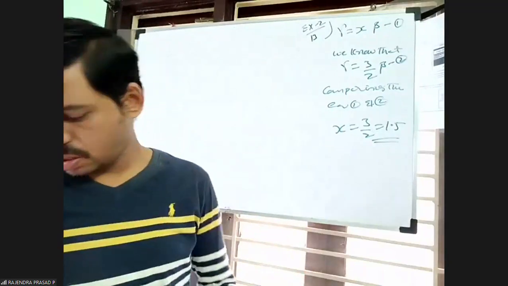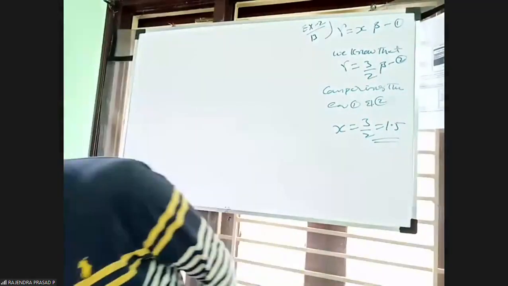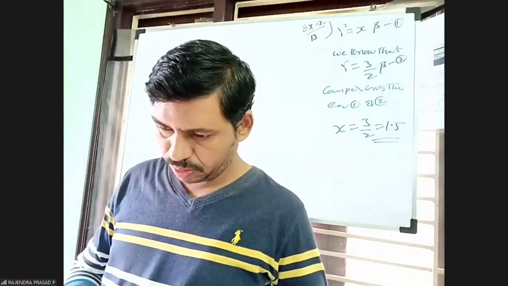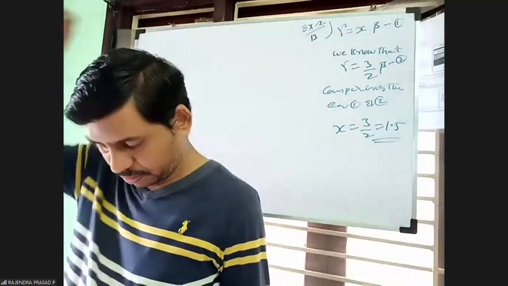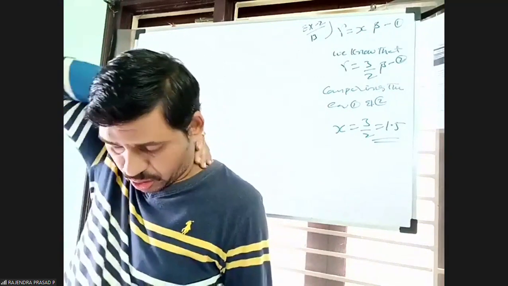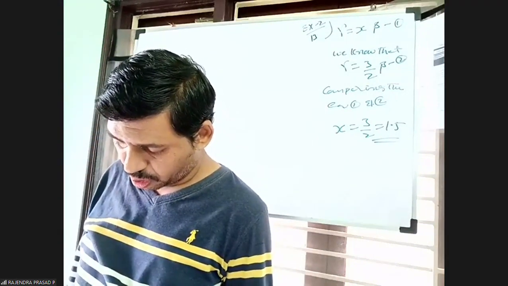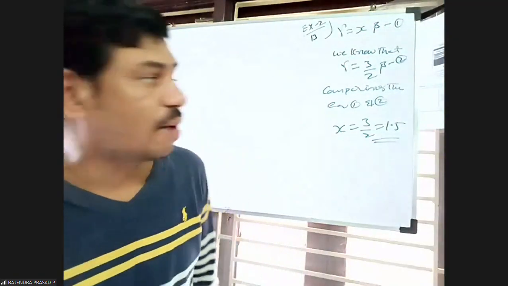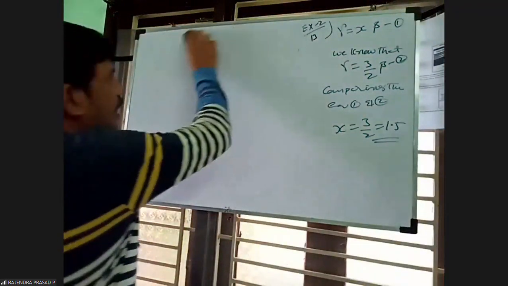Write down, refer to the workbook. The diameter of a metal ring is capital D, and the coefficient of linear expansion is alpha.